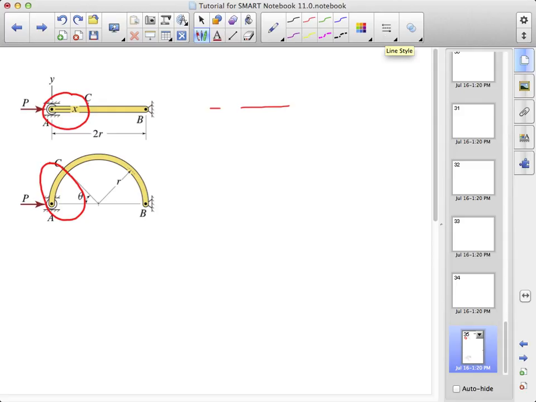For the straight member, we have our load at P. Our roller support provides A equals 0, and then we have axial load NC, shear force VC, and bending moment MC. And these are at some distance x from roller support A that has not been specified.